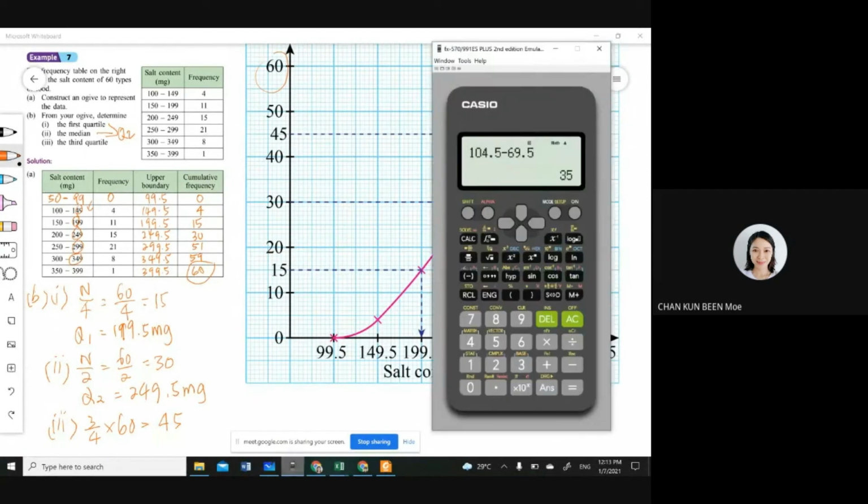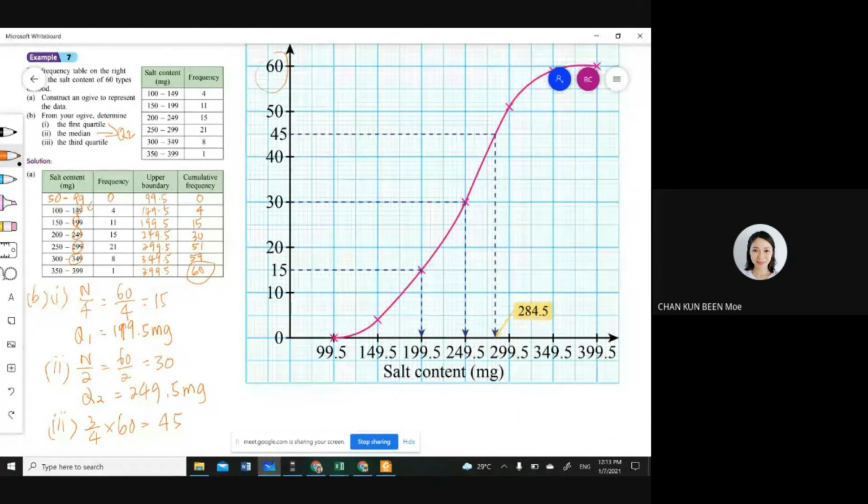So actually, you already know that 299.5 minus 249.5 is actually equal to 50, right? And then we have 10 parts in between. So you need to find out one part represents how much? It represents 5. So now you refer back to this. From here to here, how many parts do we have? 1, 2, 3, 4, 5, 6, 7, right?